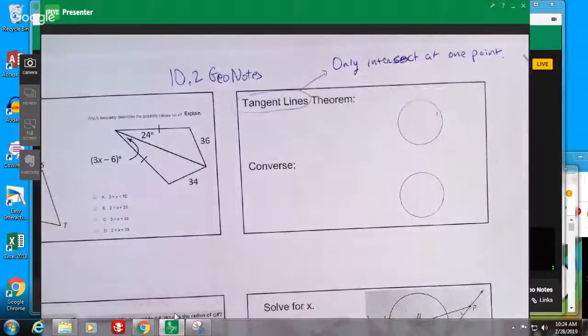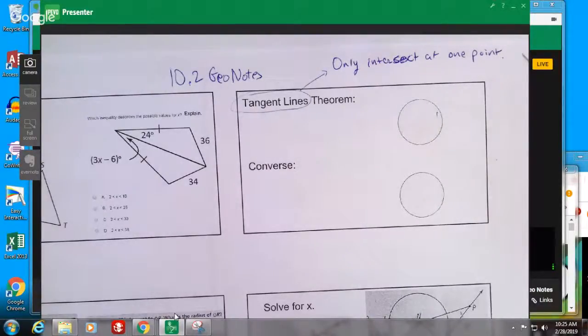So it only intersects at one point, which is kind of cool because it's basically like it just barely hits the circle. Wait, so is this on the coordinate graph, or are you saying it just hits one point on the circle? Only hits one point on the circle. Okay. So I'm going to show you.